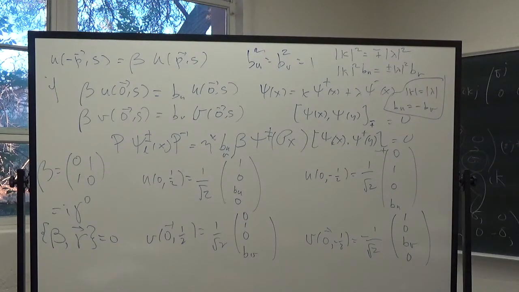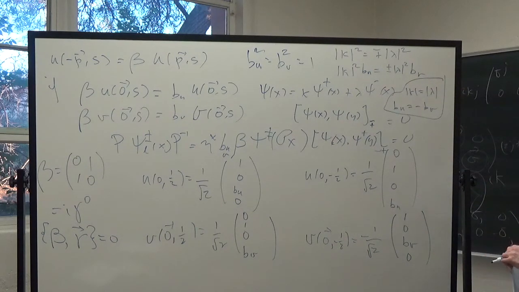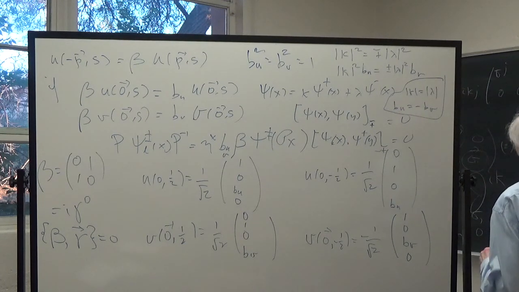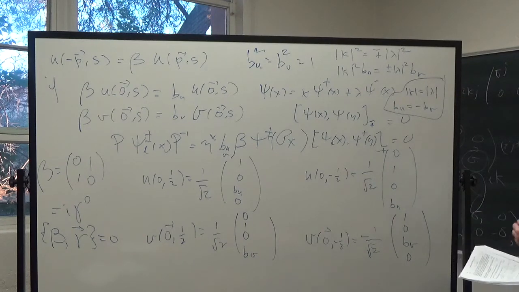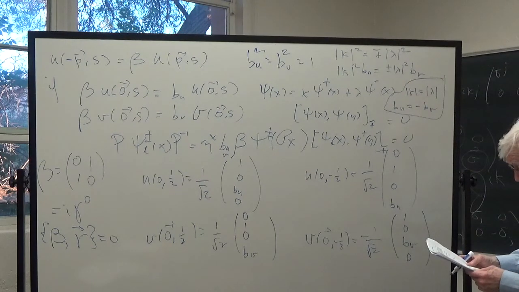What this tells us is that the spin 1/2 fields are fermions. Fields that represent spin 1/2 particles are fermions. They obey anti-commutation relations, and we fix that BU and BV differ by a minus sign.